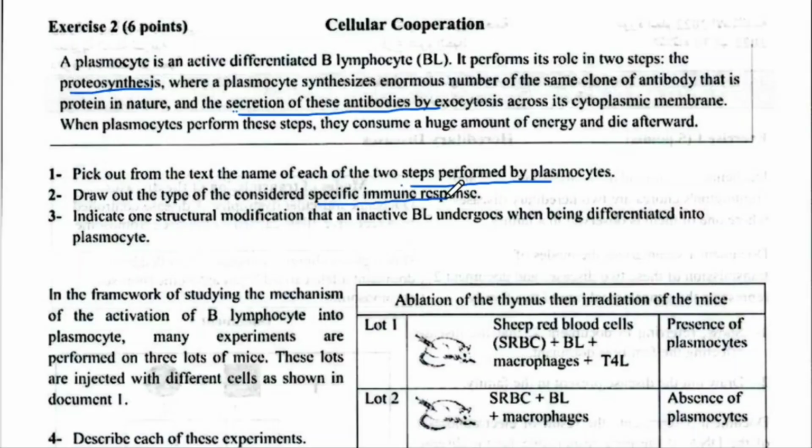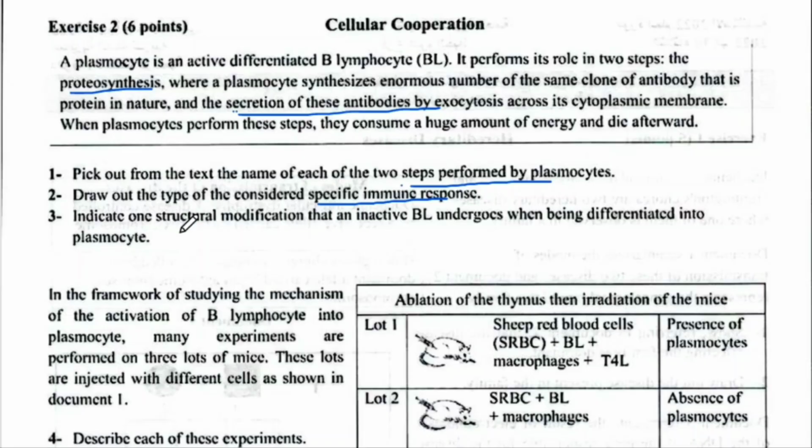Because B lymphocyte and antibody are present, for sure the specific immune response is humoral. Indicate one structural modification that an active B lymphocyte undergoes when differentiated into a plasmacyte. So what is different between the plasmacyte and the B lymphocyte?